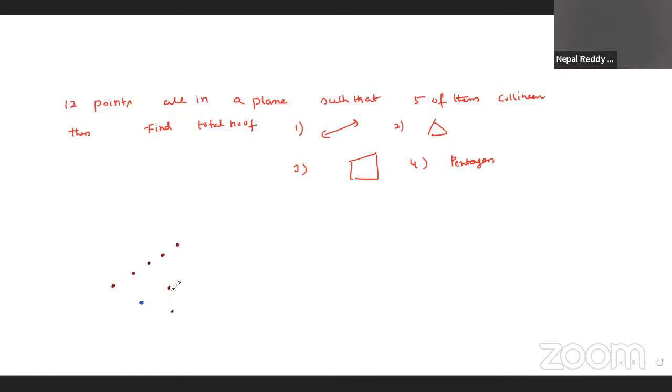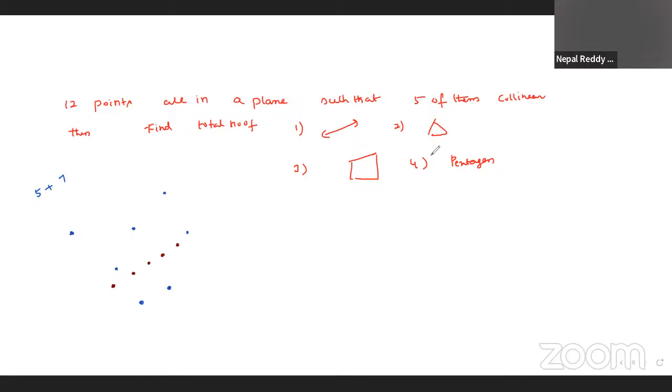I am going to mention them here: 1, 2, 3, 4 over, next it is 5, 6, 7. In this way, there are total 12 points, right?